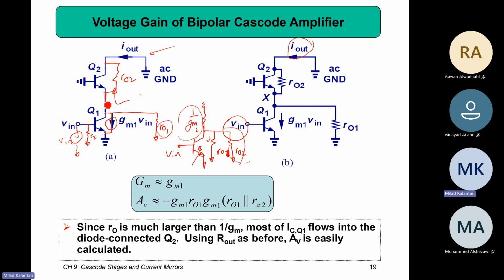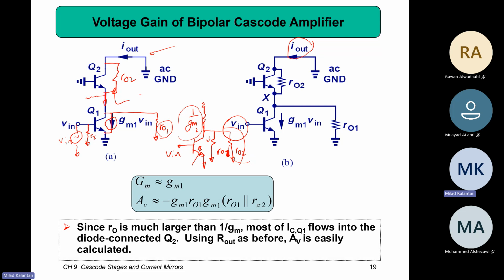Or even easier, you can tell whatever this collector current is generated is going to be to the output, because the collector currents of the two devices are in series. Is there any other path the current goes?